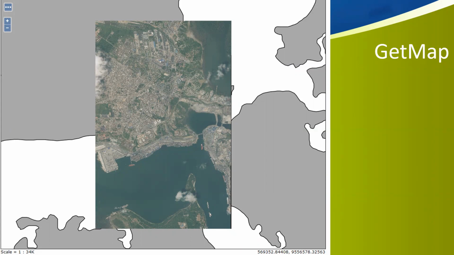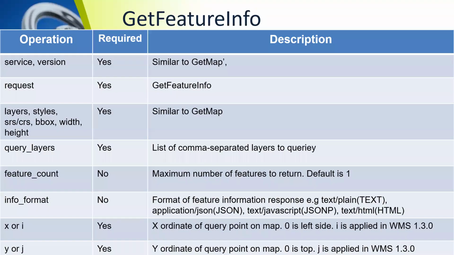So let's look at the other request, which is GetFeatureInfo. GetFeatureInfo also has a number of operations. Service and version, just like the previous two, are mandatory, and similar to what you have in GetMap.